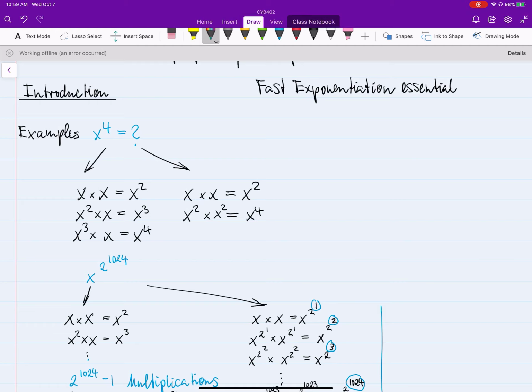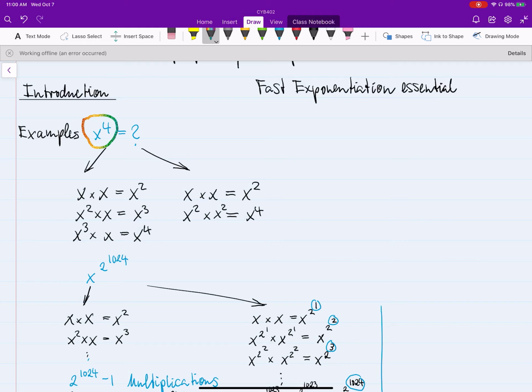So let's do it first in its unrefined form. Let's do exponentiation with no speed up. And the example that we are looking into is to compute x to the power of 4.